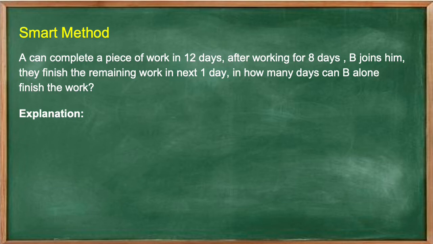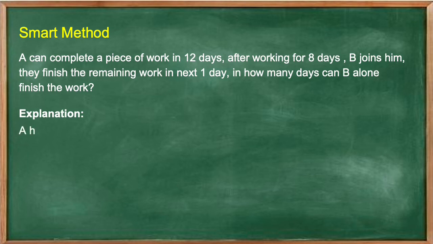We know that A is working alone for 8 days and then he works for one more day along with B. So altogether, the effort put by A is total 8 plus 1, that is 9 days. Now we know that A can finish the work in 12 days but he works for 9 days. So 9 out of 12 means he has done 3/4 of the work.